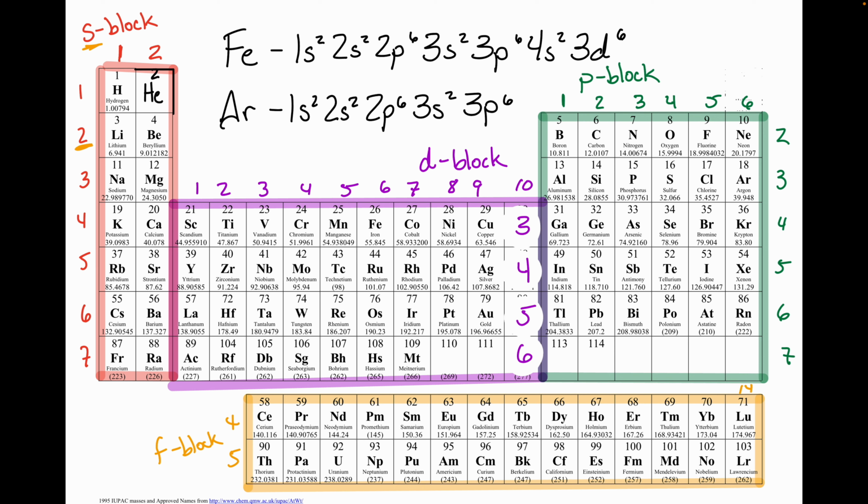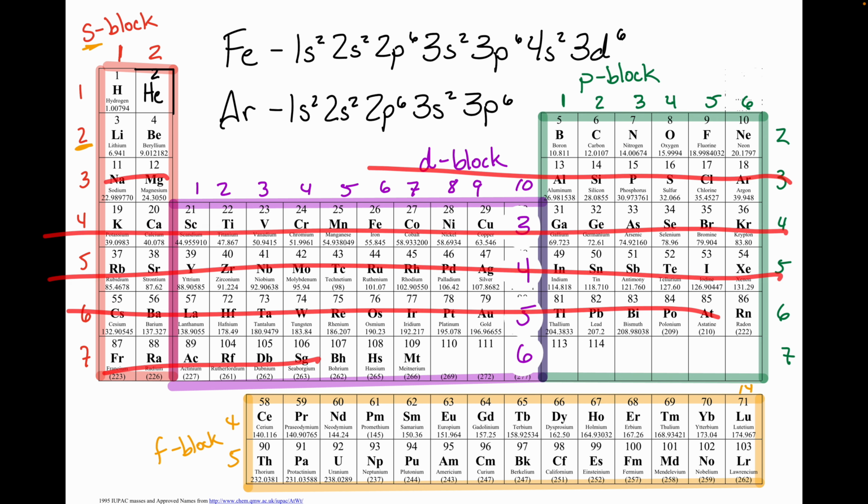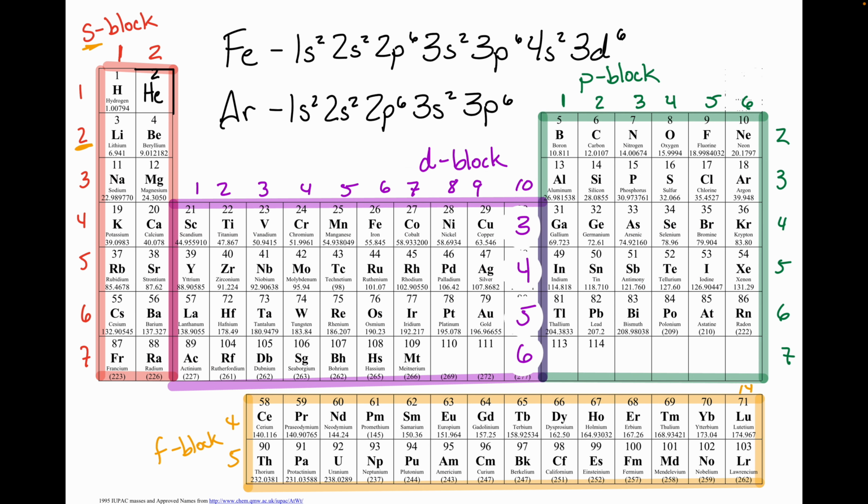So again, the larger the element, the more and more electrons it has, so the more atomic orbitals it has. If I picked something all the way down here on the periodic table, it would be this huge, obnoxious task to give me that electron configuration, right? Because it's going to include all of those orbitals that came before it. Cool. So instead, we have a little bit of a shorthand that we can use.